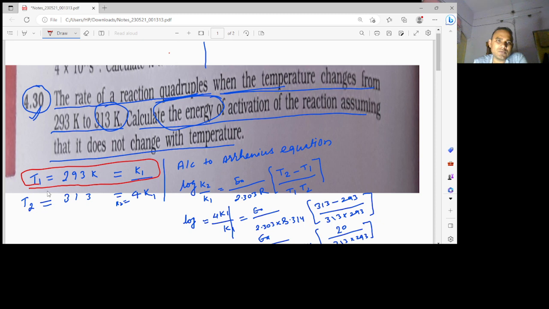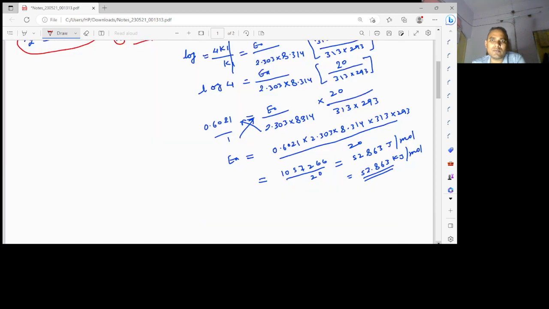Temperature T2 has rate constant K2, which is the quadruple of K1, so 4 times K1. According to the Arrhenius equation, log K2 by K1 equals Ea upon 2.303 R times T2 minus T1 upon T1 T2. Once you plug in the values, you will get the answer.